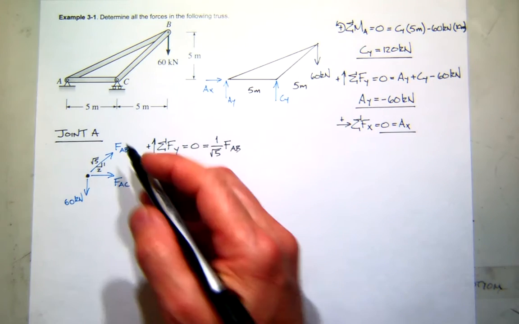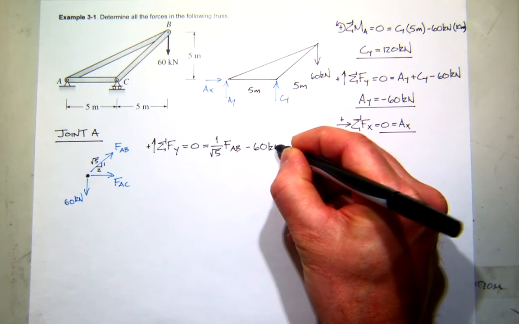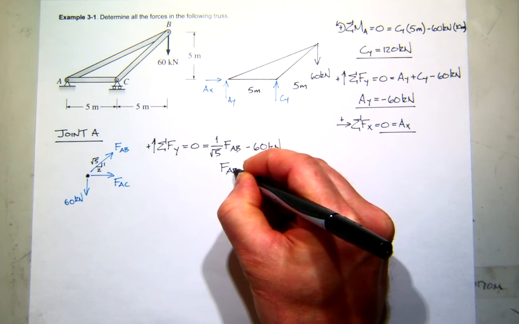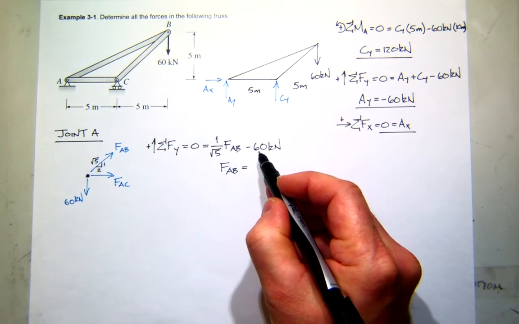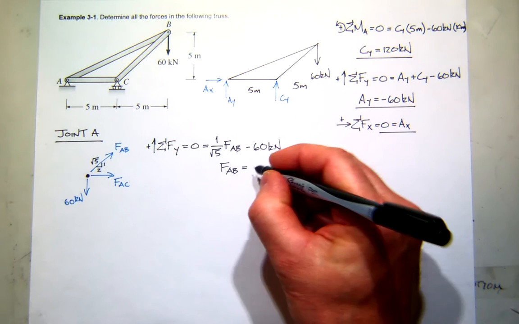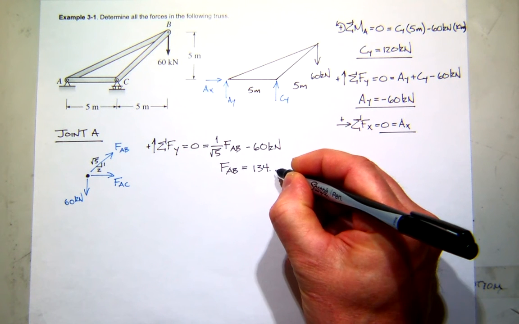And it's acting up, and then I have my 60 kilonewton force acting down. So I should be able to solve for the force in AB. What is it? It's whatever 60 times the square root of 5 is. 135, I'm guessing. 134.2?